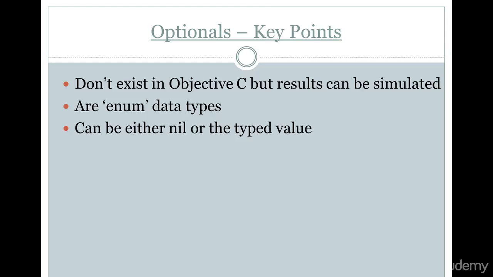Now, when we talk about nil, nil is a pointer to a non-existent object in Objective-C. So, and there's going to be a difference here with Swift. And one of the key problems that you come across if you've worked in Objective-C is when you try to reference an object that is pointing to nil or that has not been instantiated, depending upon that object and the circumstance, it can crash your program.